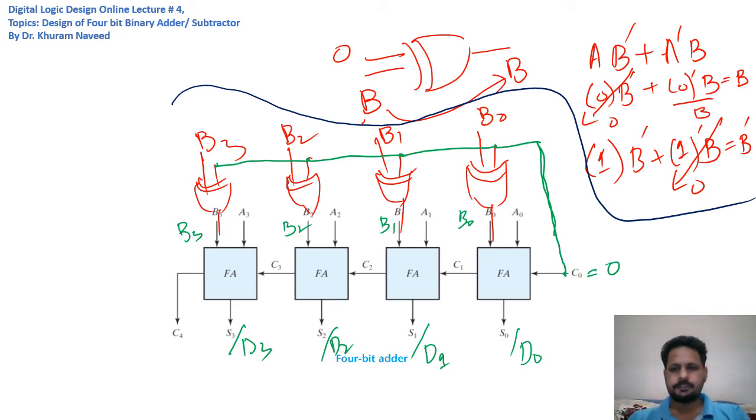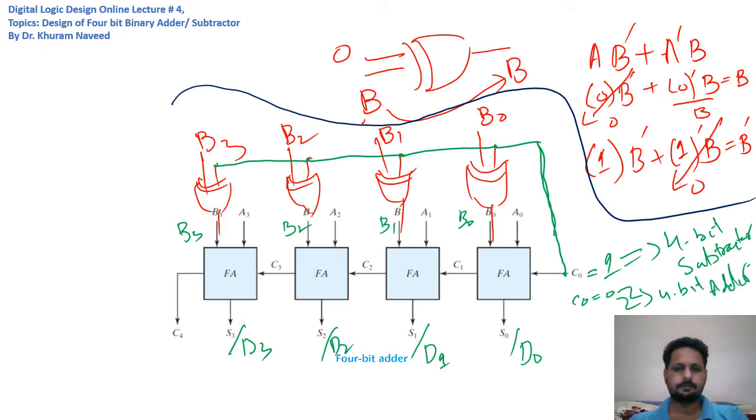So now with just a change of this input, we can easily convert this to a subtractor or an adder. In case of one, it works as a 4-bit subtractor, and in case of zero, it works as an adder, right?